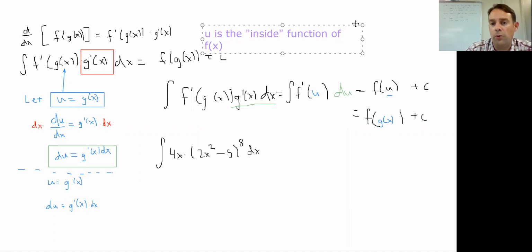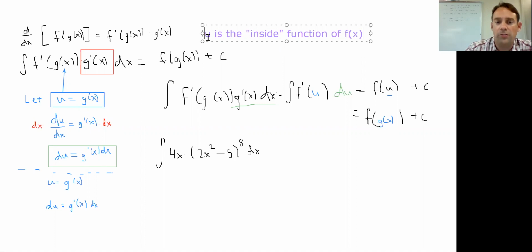That's really what this u value is. It's going to be used to substitute inside the inside function. So as we're doing this, one of the things we need to always ask ourselves is what function is inside.